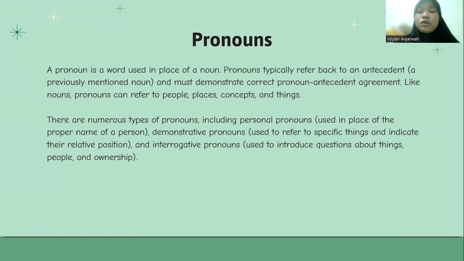And there are numerous types of pronouns, including personal pronouns, used in place of the proper name of a person; demonstrative pronouns, used to refer to specific things and indicate their relative position; and the last, interrogative pronouns, used to introduce questions about things, people, and ownership.